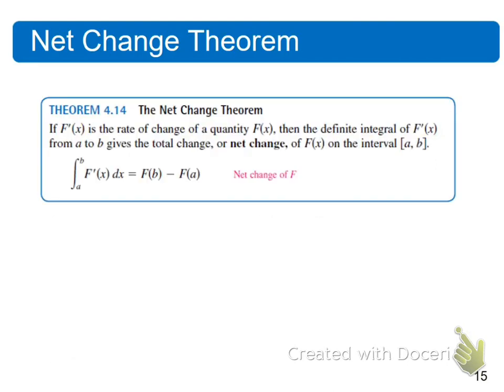But then you write this down, the net change, the integral of F prime x dx, and I'm going to add to that to help you guys the integral of velocity v of t dt from a to b is equivalent to, what's the antiderivative of velocity? Position b minus position a.